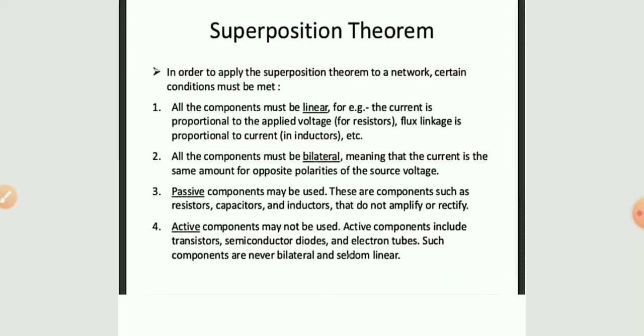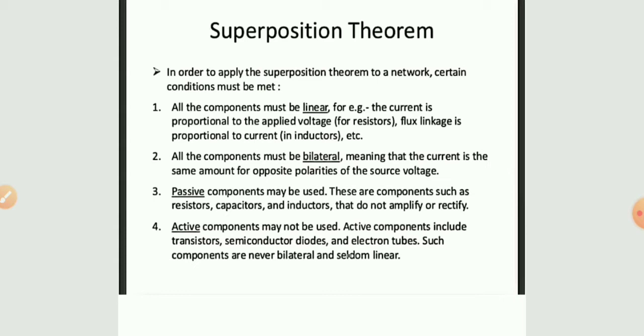For example, the voltage on a resistance is proportional to the current, and for an inductor, the flux linkage is proportional to the current. Second, all the components must be bilateral. It means for every opposite polarity voltage, the amount of current flowing through it will be the same.